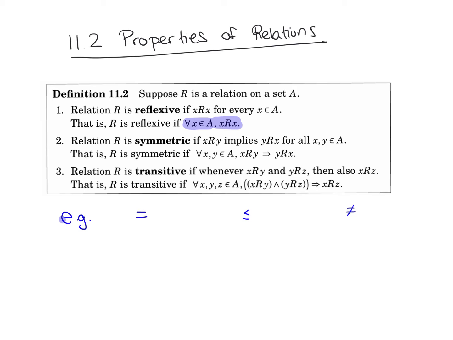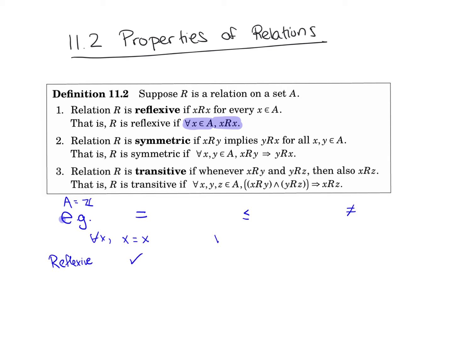Let our set A be the integers. Is it true that any single x is equal to x? Well, yes, everything is equal to itself. So that equals relationship is reflexive.